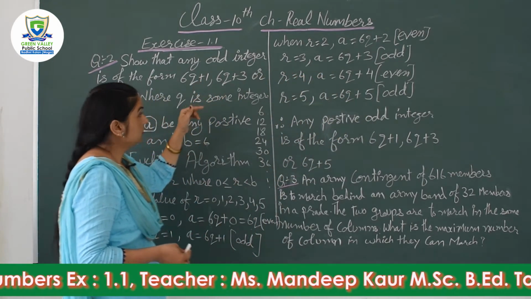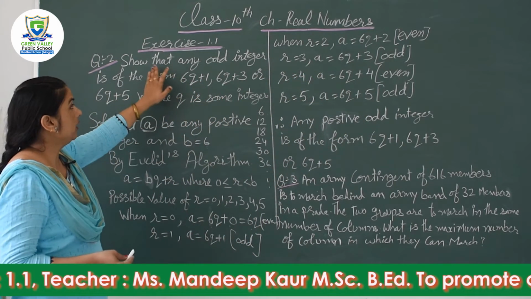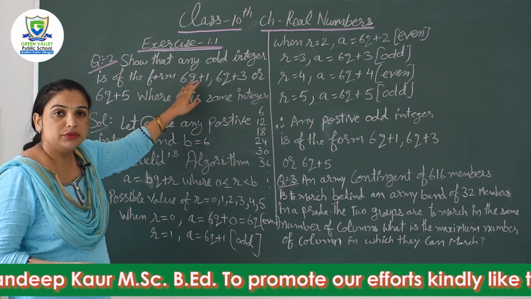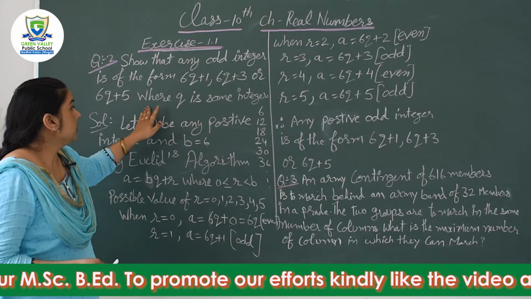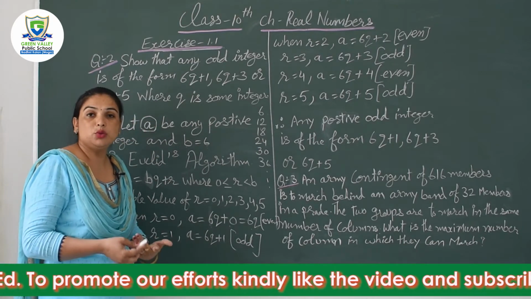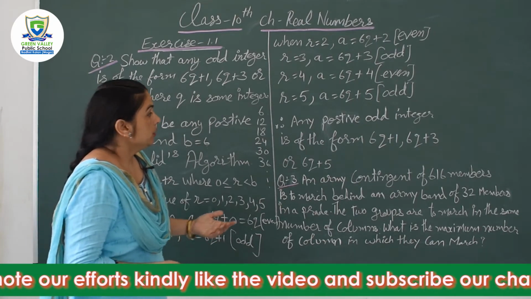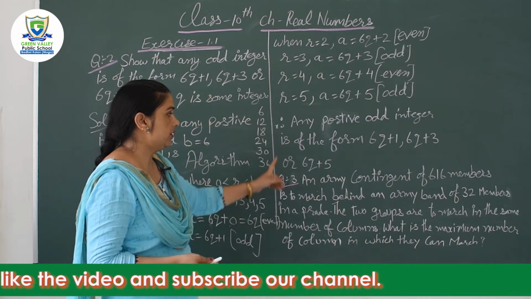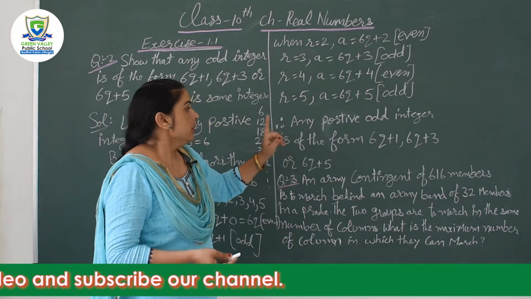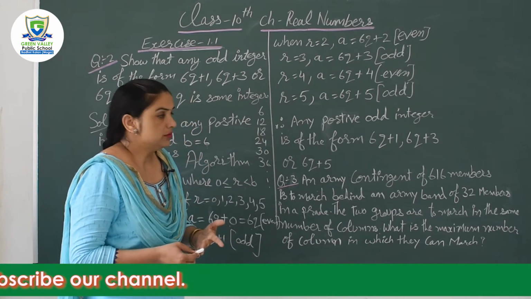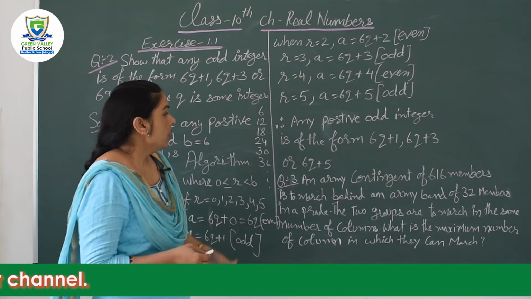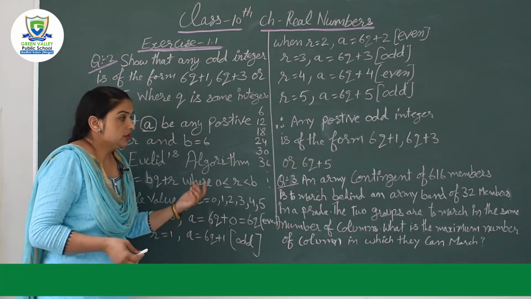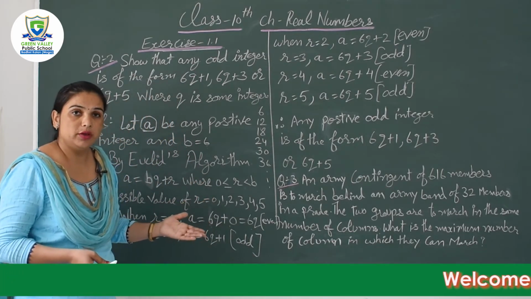And in the question, we want to show this only, that any odd integer is of the form 6q plus 1, 6q plus 3, 6q plus 5, where q should be any integer. So we'll write, therefore, any positive odd integer is of the form 6q plus 1, 6q plus 3 or 6q plus 5. And I hope that it is clear to everyone.